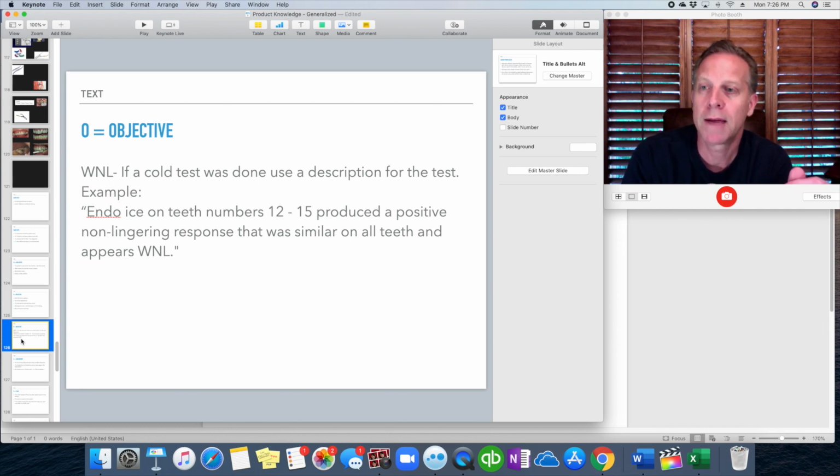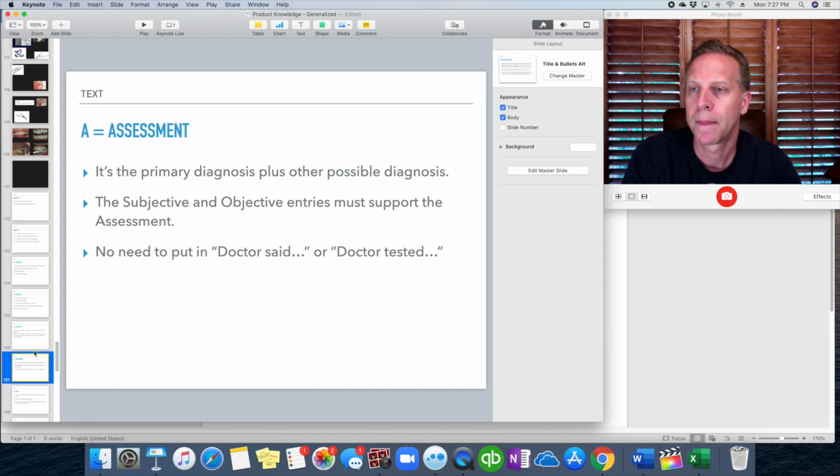For example, if we did Endo-Ice on teeth numbers 12 through 15, it produced a positive non-lingering response, which is kind of a healthy tooth response, that was similar on all the teeth, then we would say that appears within normal limits. We would not just say cold test dash WNL. We have to say what we tested that was within normal limits. It's a little bit more descriptive than just saying WNL.